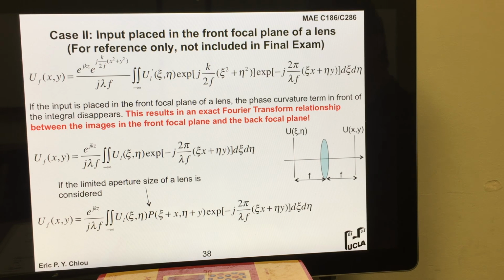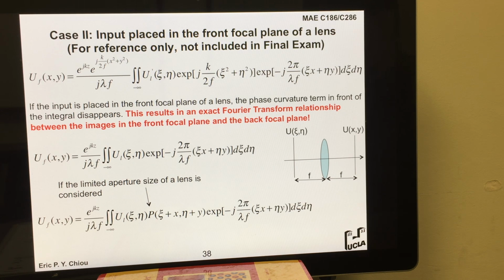Next is a topic that we won't include in the final exam, but I think it's worth mentioning here in case some of you may be interested in going further into optical imaging and being able to handle the phase propagation term.